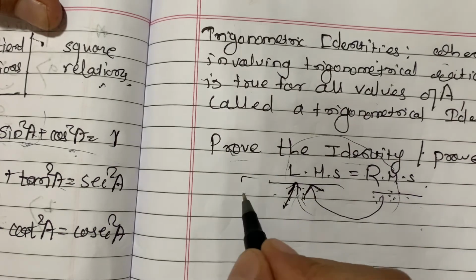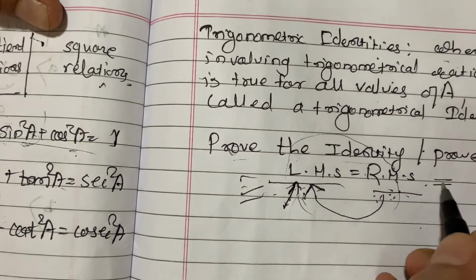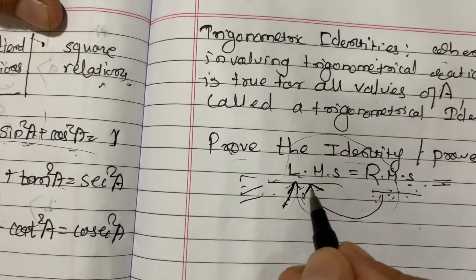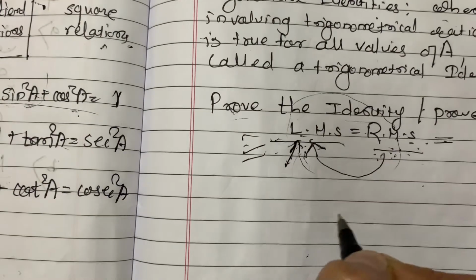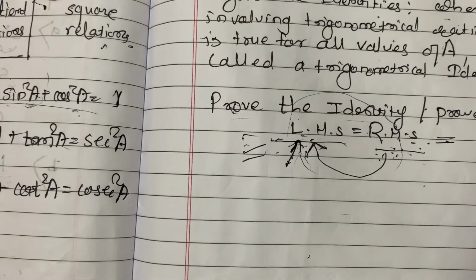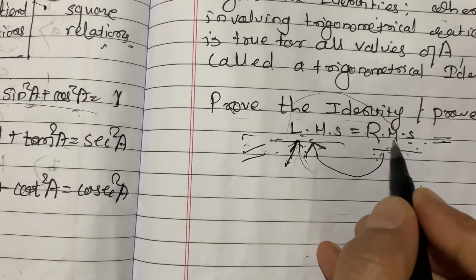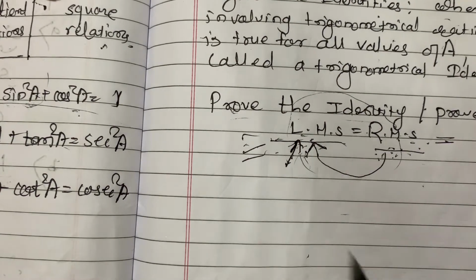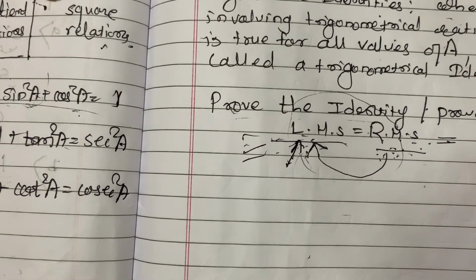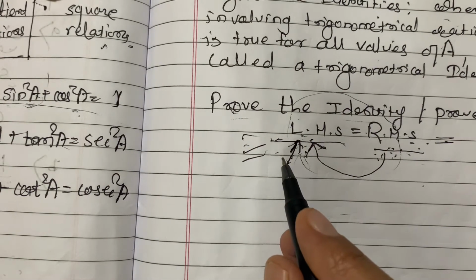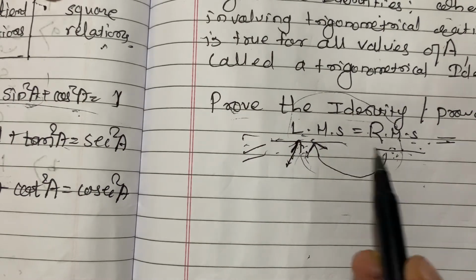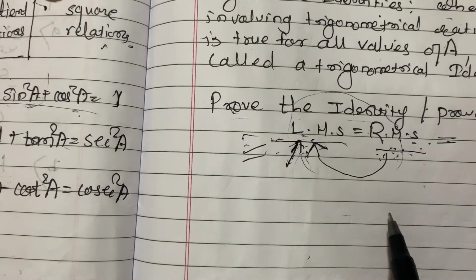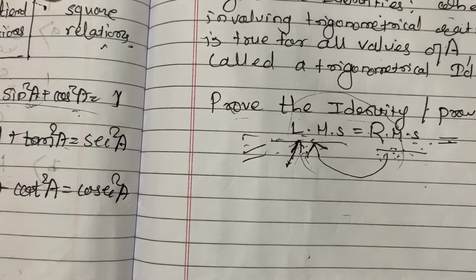If you see that both the sides are complicated, then take one by one. Take LHS, simplify, and find one equation. Then again take RHS, simplify, and try to find the same simplified equation as that of the LHS. If you get the same simplified equation from LHS and RHS, it means LHS is equal to RHS.